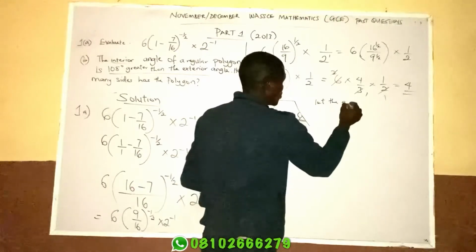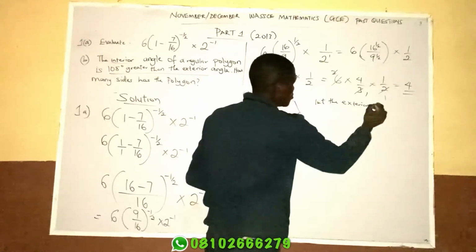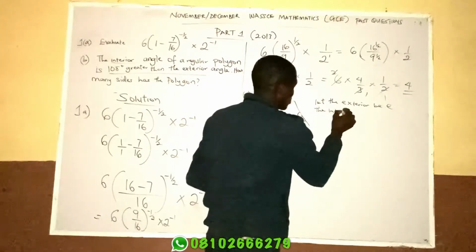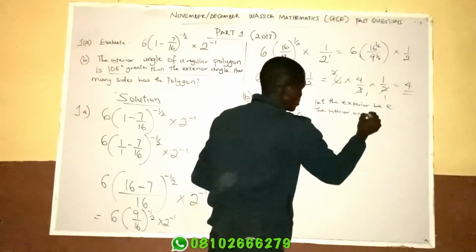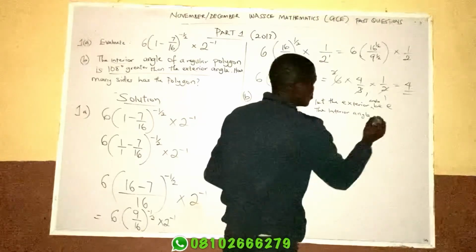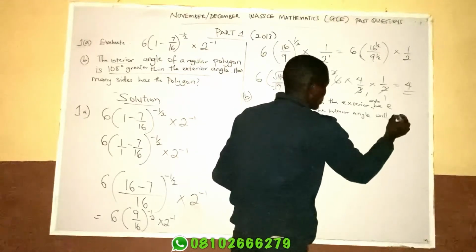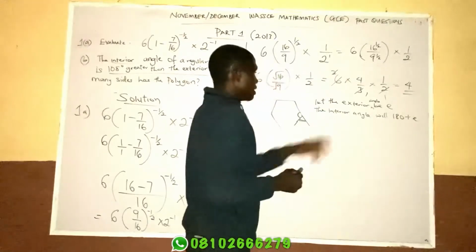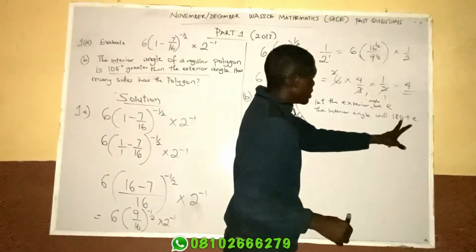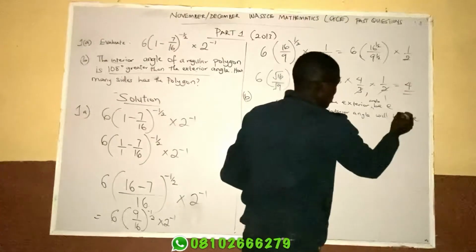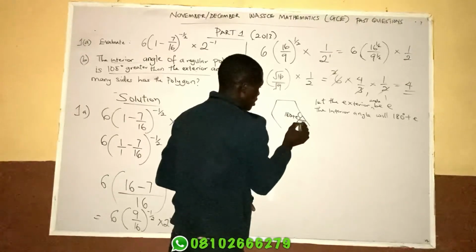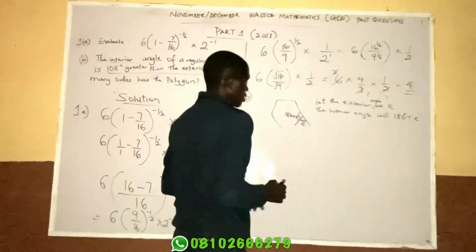Let the exterior angle be E. Then the interior angle will be 180 degrees plus E. So this place will be 180 degrees plus E, and this one will be E itself.